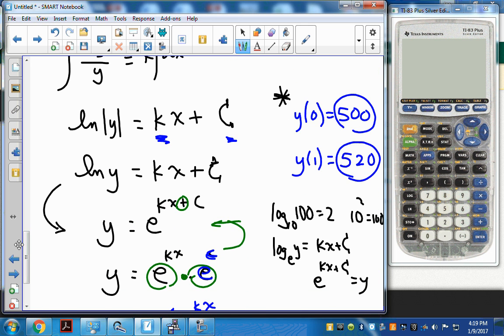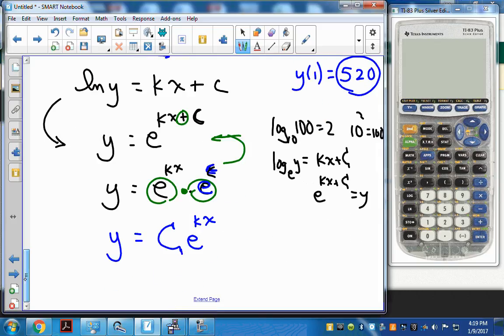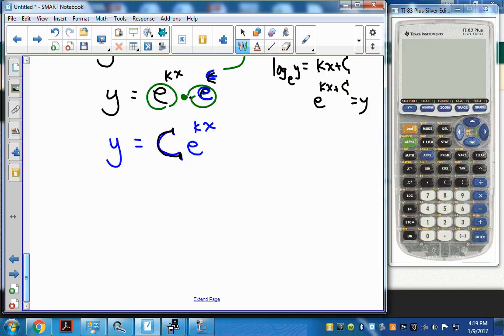At this stage, let's suppose I call this constant over here a little c, and then e to the little c I'll call a new constant, capital C. A lot of times I'll put these little arrows on there to indicate that's a slightly different constant. If you want to use b or k for the constant, that's okay too, but we already have a k there. Probably not a good idea to use another k.